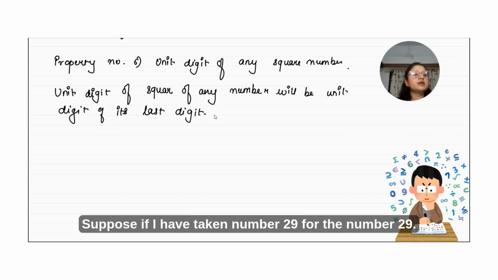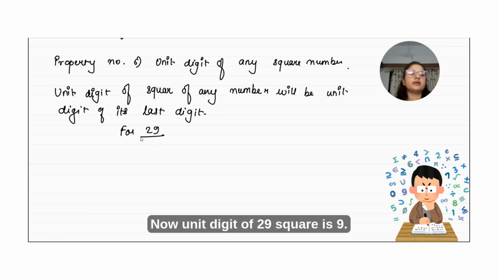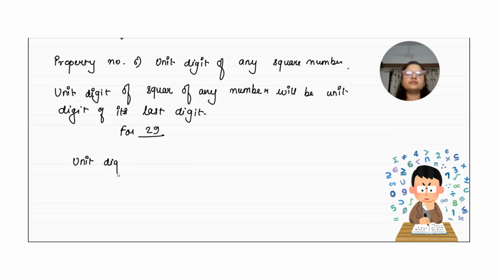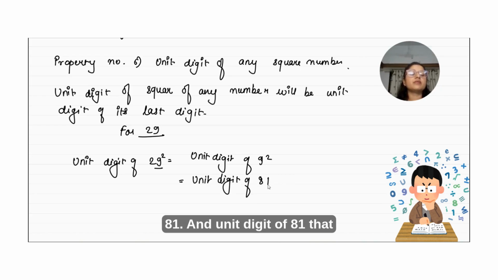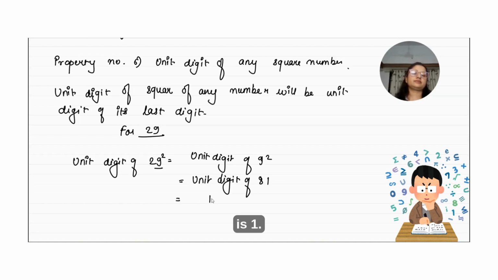What does it mean? Suppose I have taken the number 29. Now, the unit digit of 29 square is determined by 9. So the unit digit of 9 square, that is what? 81. And the unit digit of 81 is 1.